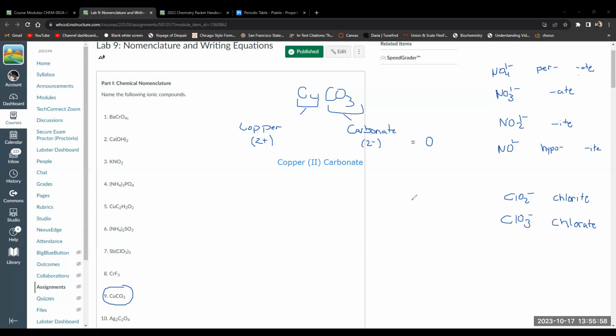Again, things to note: the 2 represents the charge of the copper. It does not represent how many coppers we have. And carbonate, we keep the ATE because it's a polyatomic. Any questions?